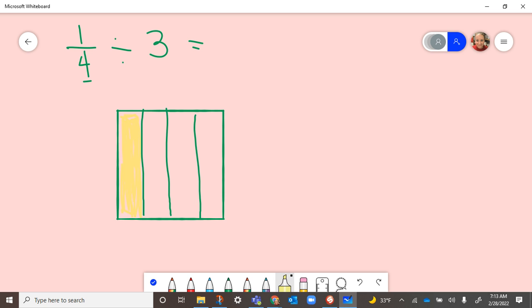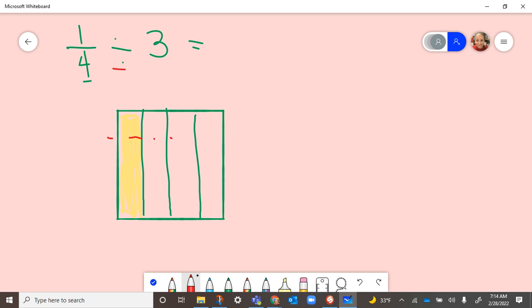Then I'm going to take that 1/4, and when you see this division symbol, I'm going to cut or split it into 3 equal parts. I'm going to show that with my red line.